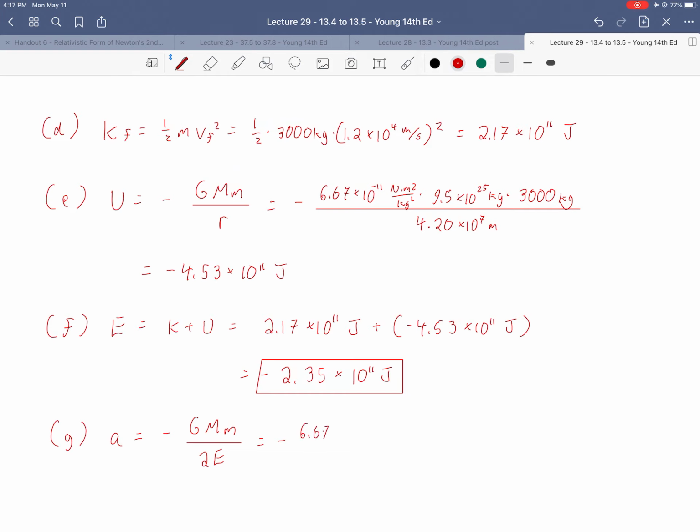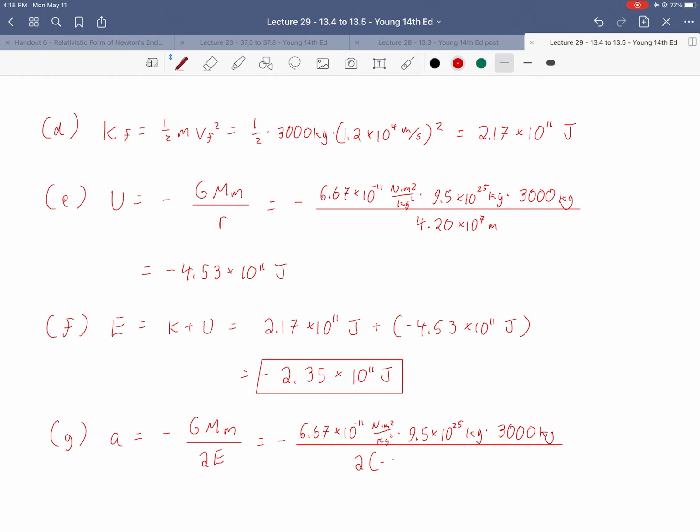And there we have it. So we'll just plug in our values here. So 6.67 times 10 to the negative 11 newton meter squared per kilogram squared, times the mass of the planet, 9.5 times 10 to the 25 kilograms, times our ship mass. Okay, and then we'll just divide by twice our total energy.